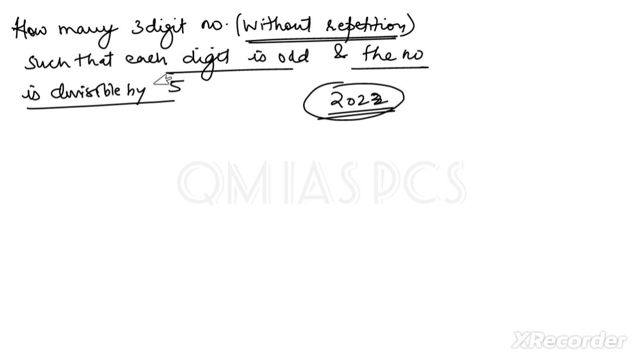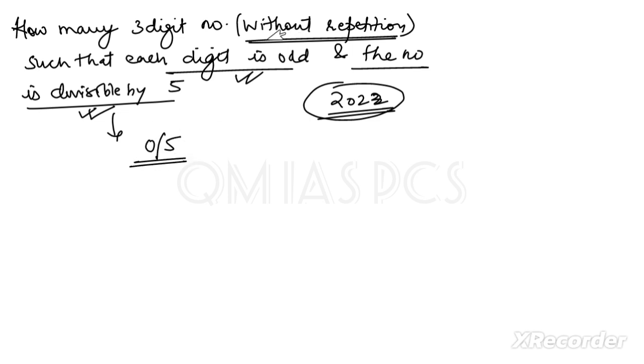So here is a question of permutation and combination as well as the number system, because the concept of divisibility and odd and even numbers is given. I hope you know what an odd number is, what an even number is, and the divisibility of 5. For this divisibility, the unit digit should be 0 or 5.